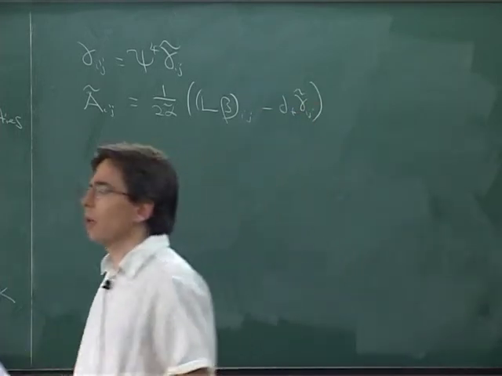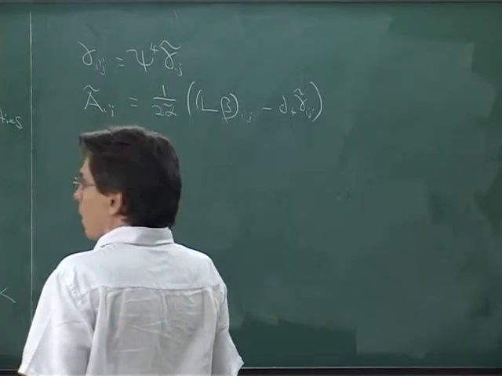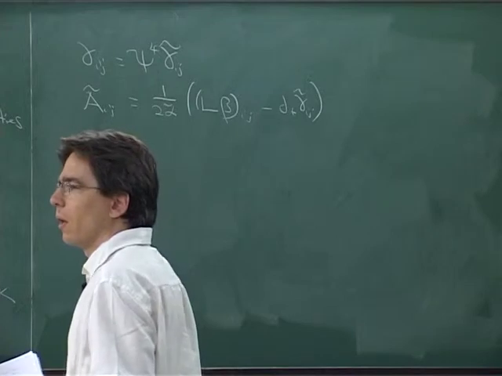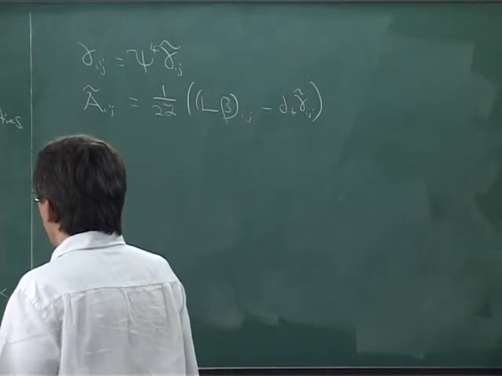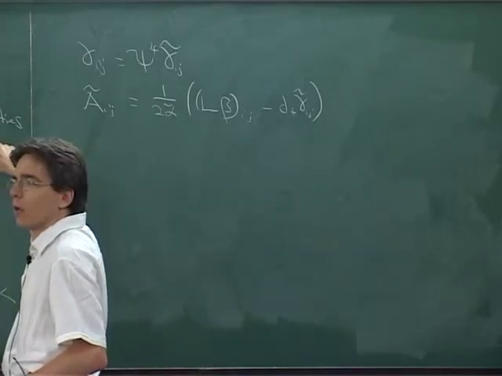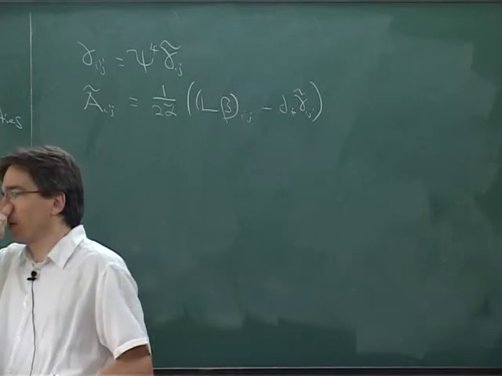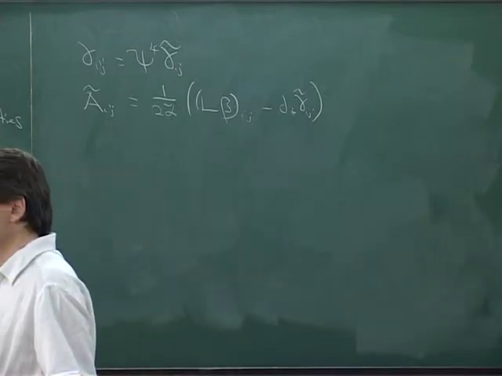Yeah. We have 2 unknowns, gamma ij and K ij, in the decomposition part. So instead of using K ij, we can use the definition of K ij as minus half the derivative of gamma ij.